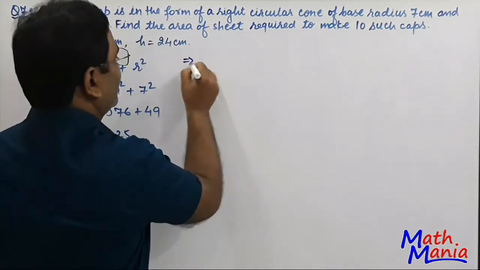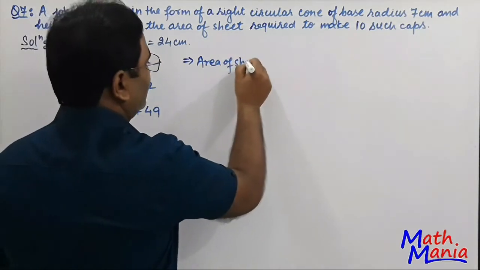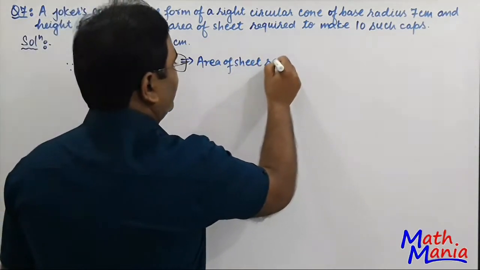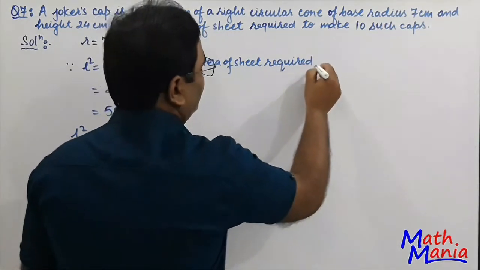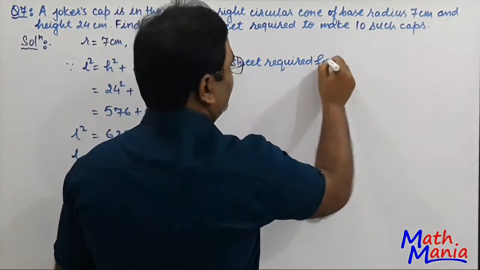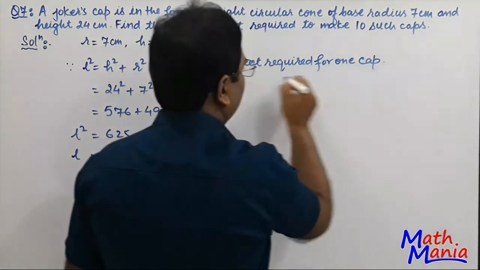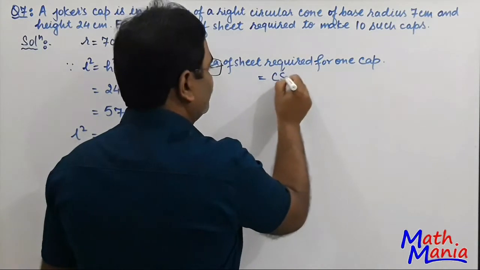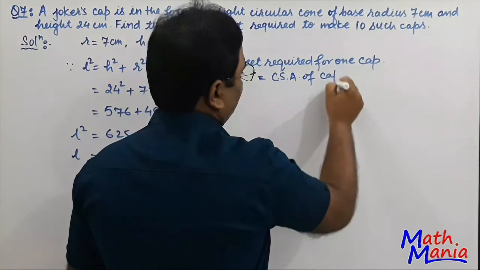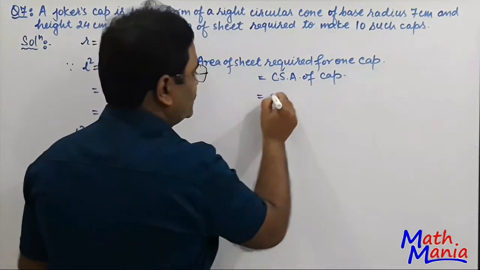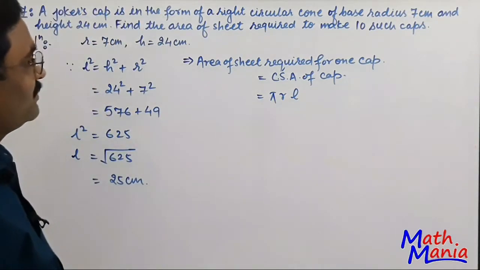Therefore, area of sheet required for one cap is equal to the curved surface area of the cap. Curved surface area means pi r into L. So let's substitute the values.